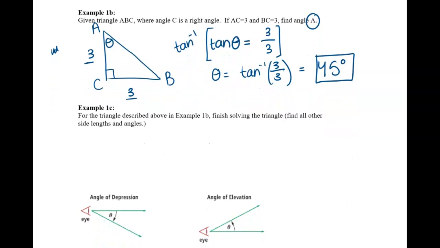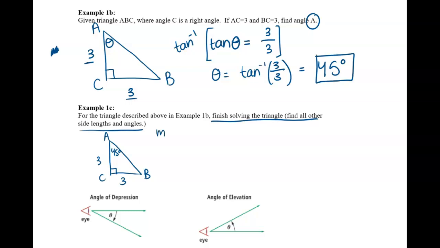For this next example, we're just told to finish solving the triangle, which is find all the side lengths and angles. So solving a triangle is simply finding all the missing sides and angles. Here's what we know: 3, 3, C, A, B. Theta is 45 degrees.